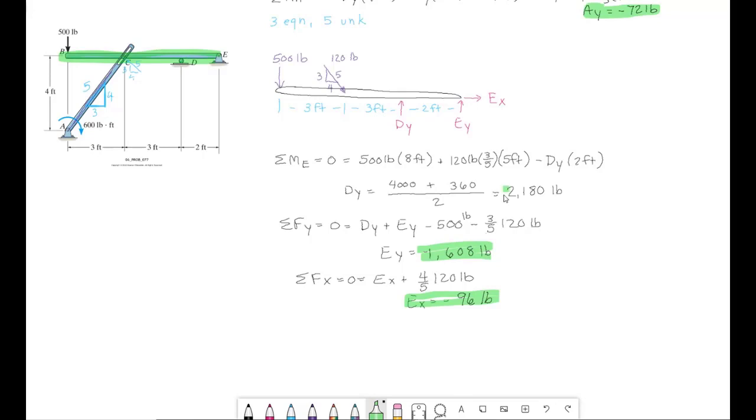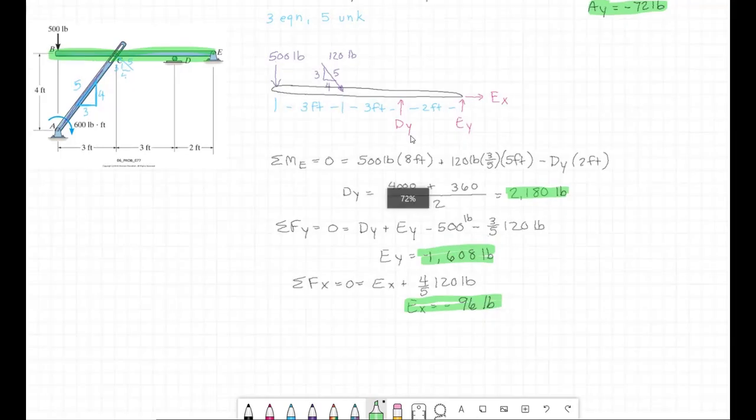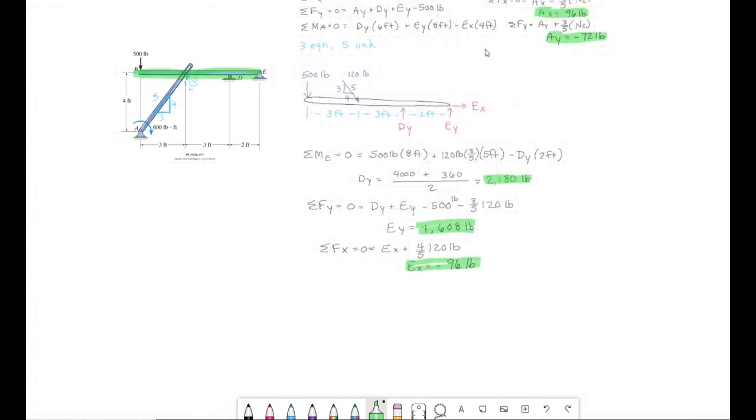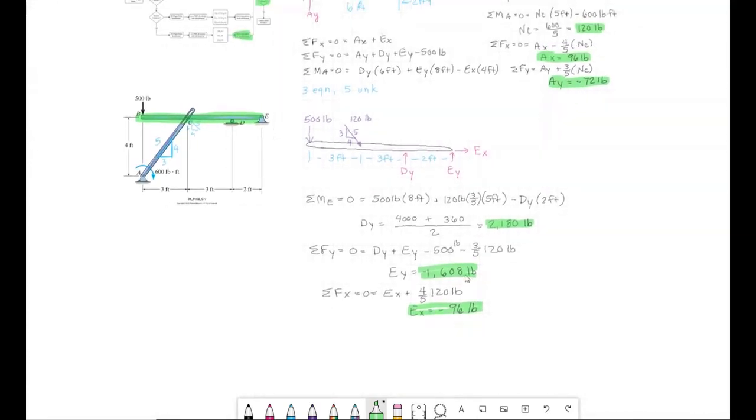So we've got 2 kips, 2,000 pounds pushing down here at D. E is holding back, so it's pulling it back down here at E, but it's also a little bit side to side, pushing out as this rotation here is trying to push through. But really, compared to the forces at C and A, those vertical forces at D and E are really significant, with this 500 pounds being a full 8 feet away from the pin end at E.